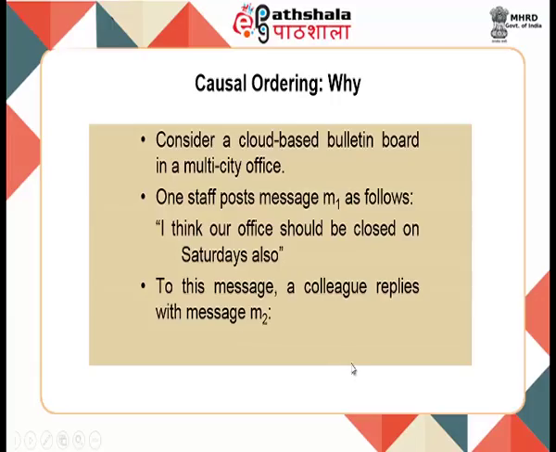Now, if another colleague replies with a message M2, which says that is not a fair demand, then whoever has not seen the first message should not see the second message, because the second message is in response to the first message that the office should be closed on Saturdays. If the first message is not delivered, then delivering the second message is inappropriate.